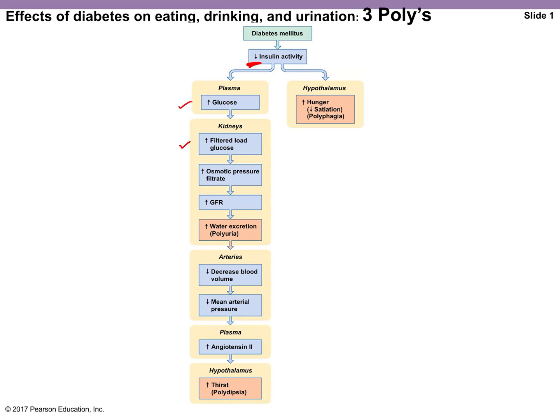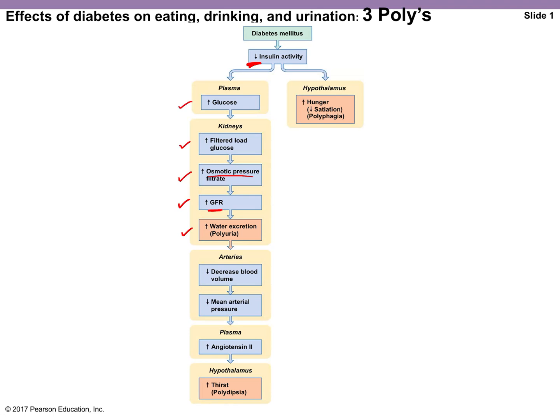When you cannot reabsorb all of that glucose, then you're going to have glucose in the filtrate. And that's going to change the osmotic pressure. And it's also going to draw out more water into the filtrate. So it's going to increase your glomerular filtration rate. That's going to lead to extra water in your urine, which is polyuria.